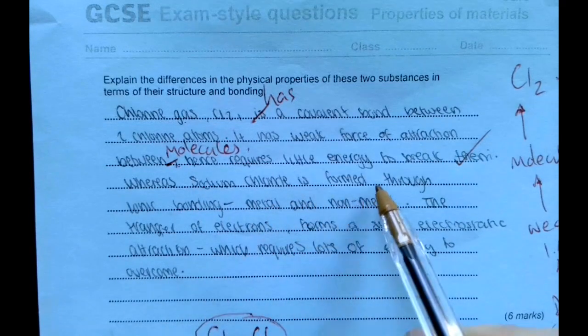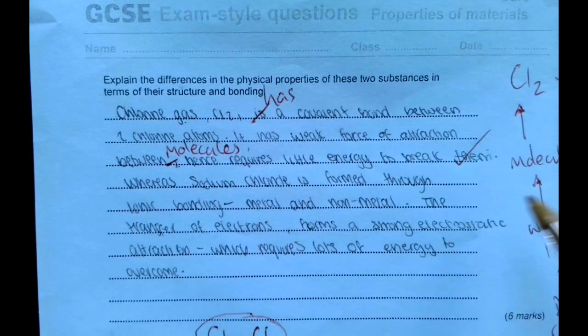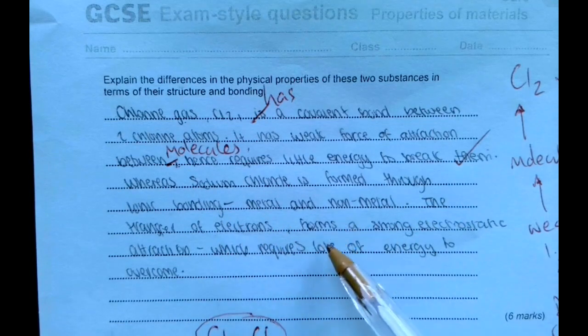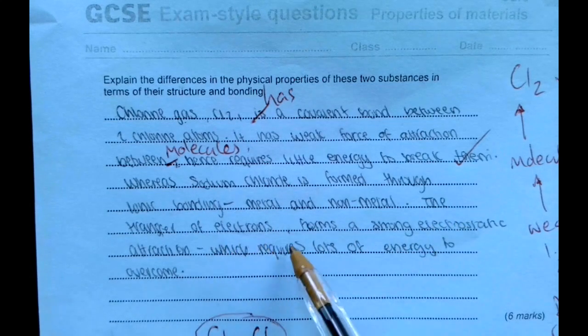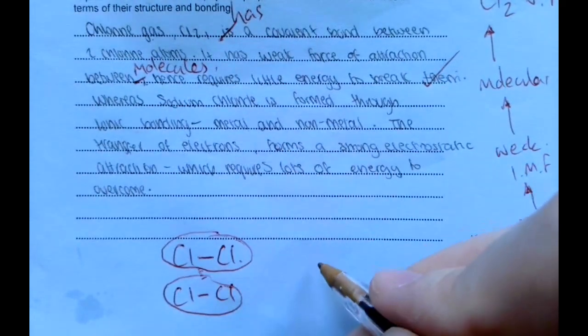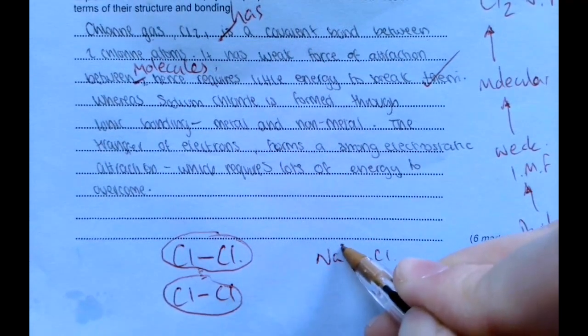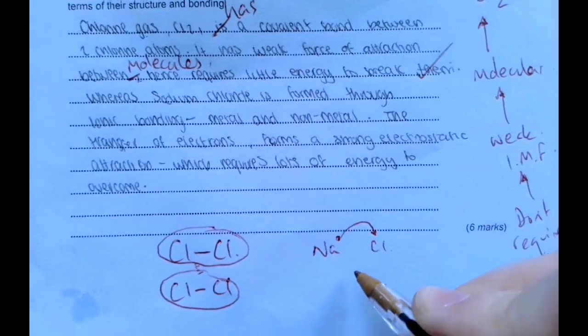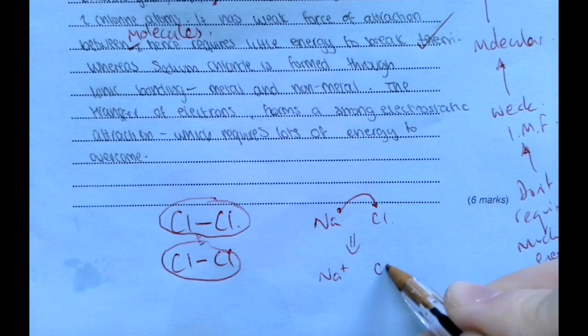Whereas sodium chloride is formed through ionic bonding, metal and non-metal, correct. The transfer of electrons forms a strong electrostatic attraction. Now actually it's not the transfer of electrons that forms a strong electrostatic attraction. There is a transfer of electrons. So you have a sodium atom and a chlorine atom. You transfer an electron from one to the other, which gives you Na+ and Cl−.